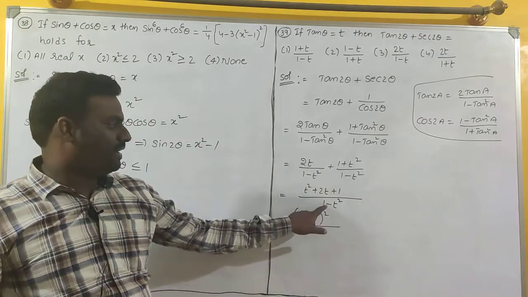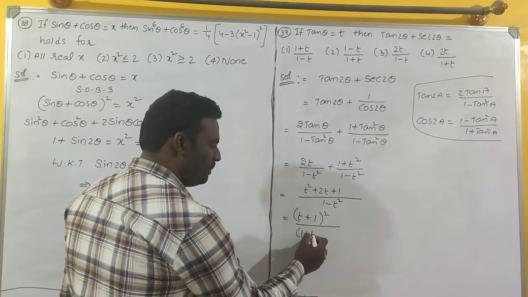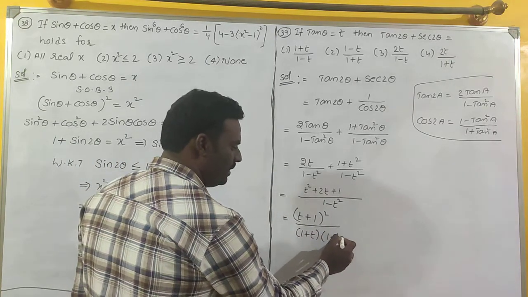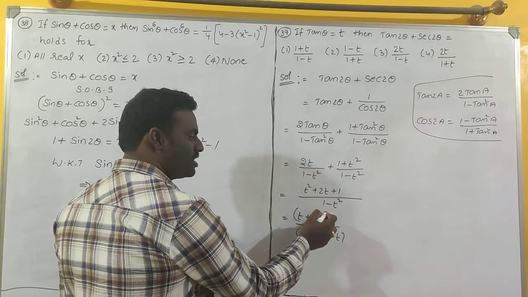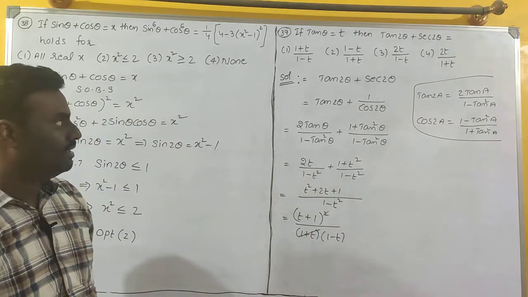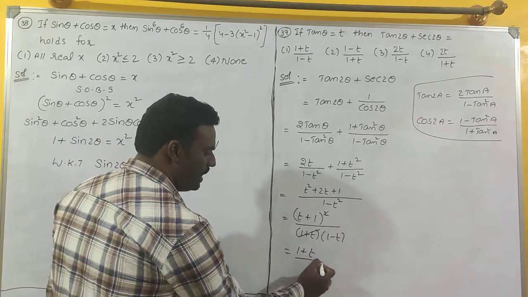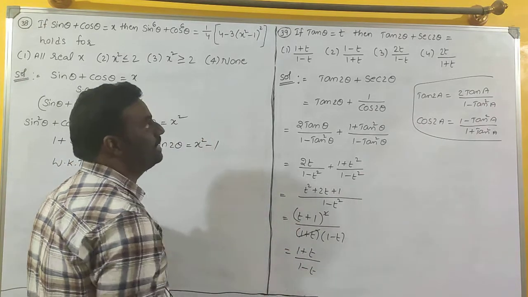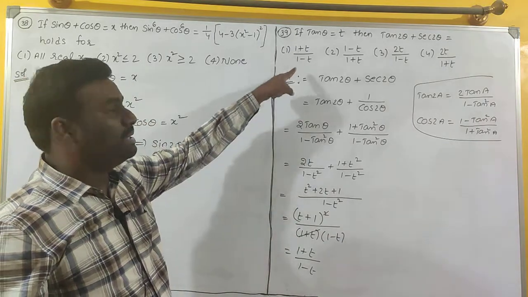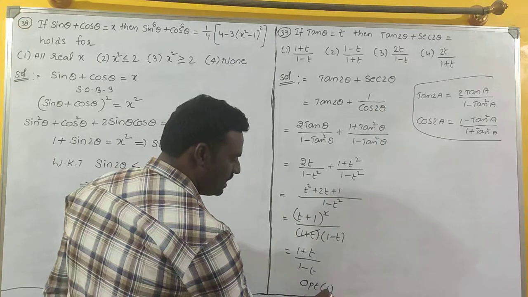Denominator is in the form of a square minus b square, it can be written as a plus b into a minus b. Here 1 plus t 2 times is there, so 1 plus t gets cancelled. So finally we got 1 plus t by 1 minus t as the correct answer. 1 plus t by 1 minus t, that is nothing but option 1 is the correct answer.